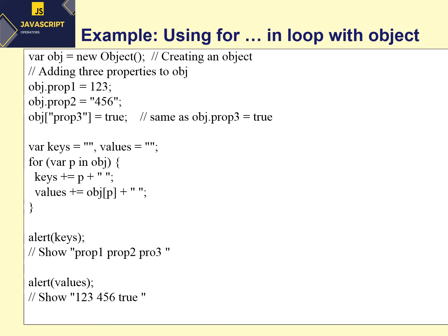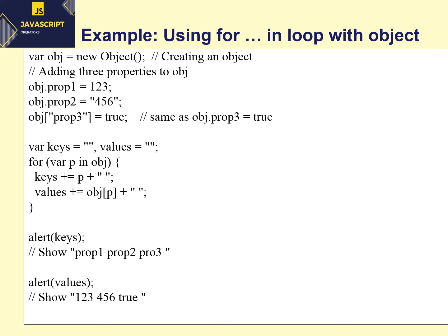Then in the second iteration, p is holding the value prop2, but it is appended to the keys variable. So what happens is prop1 space prop2 will be in keys, and in values it will become 1, 2, 3, which will be appended with 4, 5, 6.